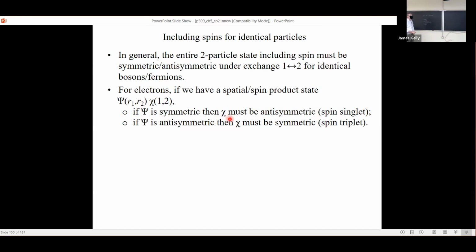We need to think about the whole thing being anti-symmetric if we're talking about identical electrons. They better be anti-symmetric when we interchange the 2 particle identities. And so if we know what has to happen to the spatial wave function, we know which kind of spin symmetry we have to have, and that tells us whether we're in the singlet or the triplet state.